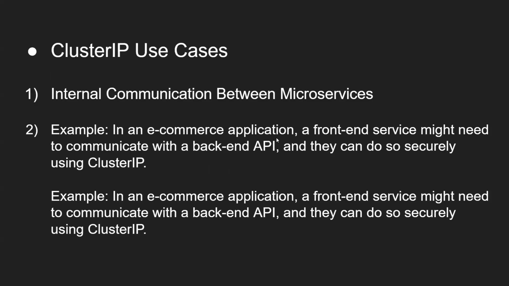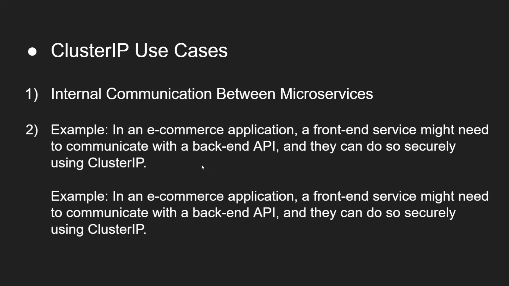What are the use cases for the cluster IP? The cluster IP helps you communicate between different microservices in your cluster. For example, you have an e-commerce application. The front-end microservices want to communicate with your back-end applications via the API. For that, you can use your cluster IP.